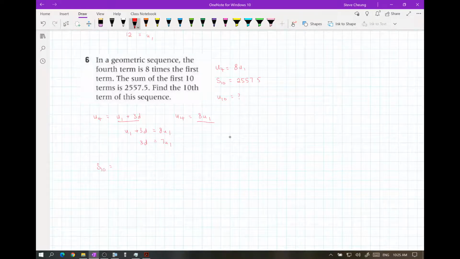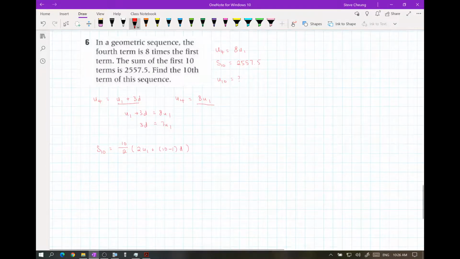So let's take a look at the sum here. How can I express the sum in terms of the first term and the common difference? Well, we have n over 2 times 2 times u1 plus n minus 1 times d. Let's simplify the right hand side a little bit.